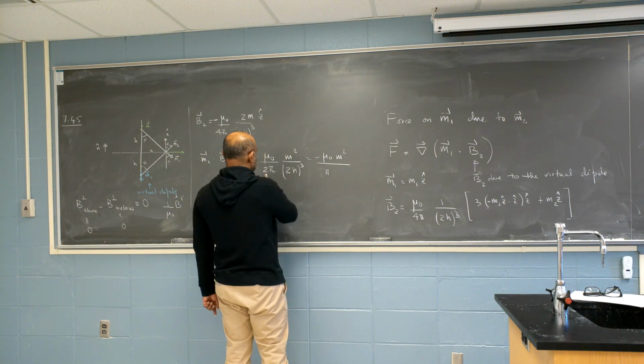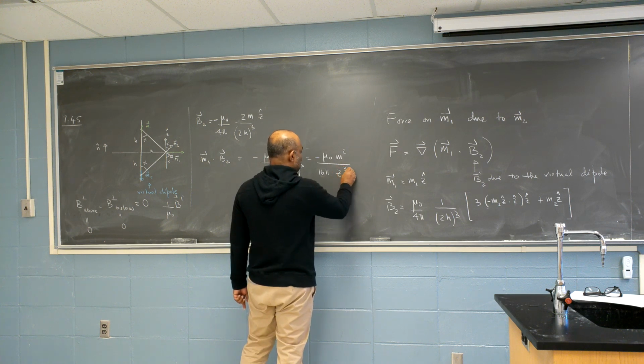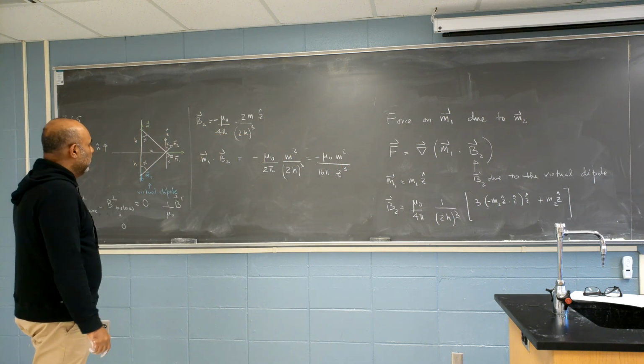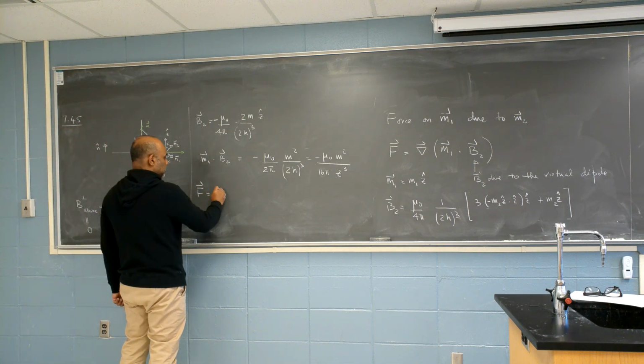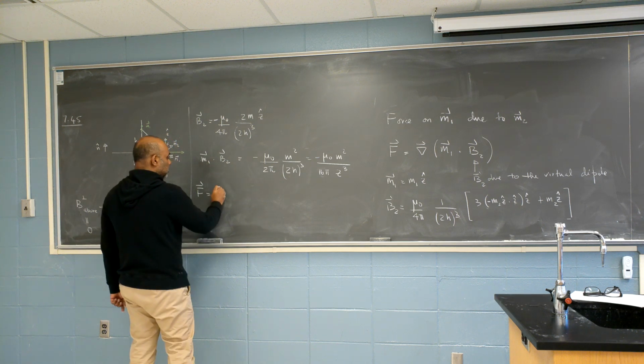Two cubed is 8, 8 twos is 16. z cubed. And then force. Why don't we factor out most of what we can?